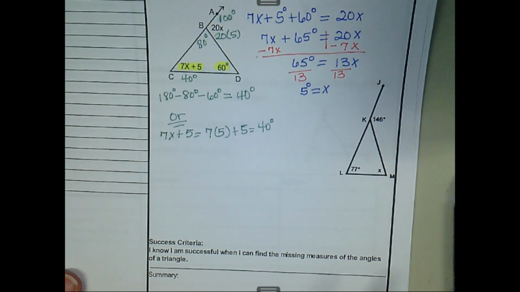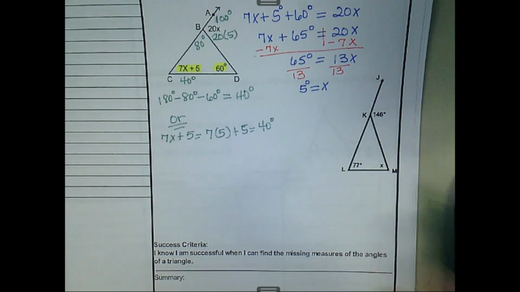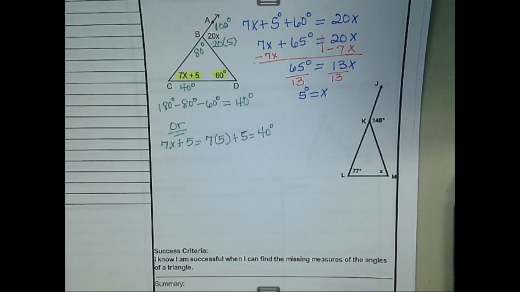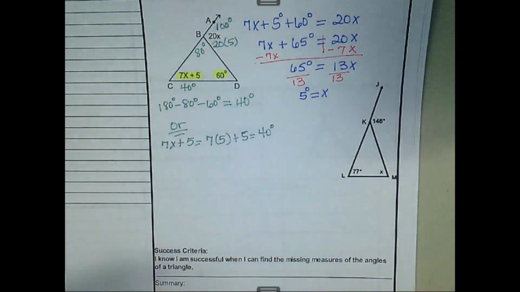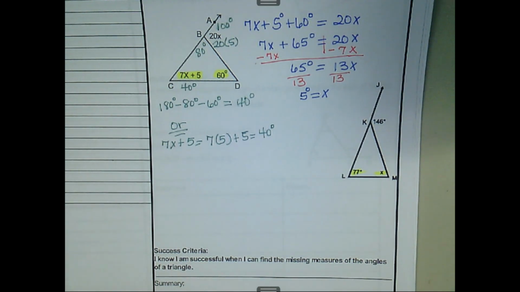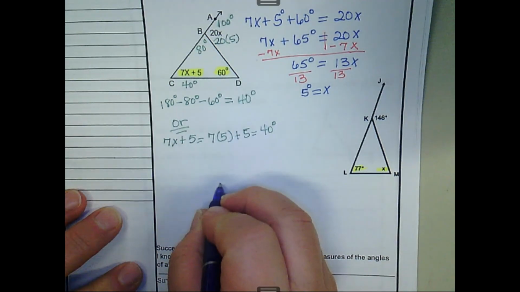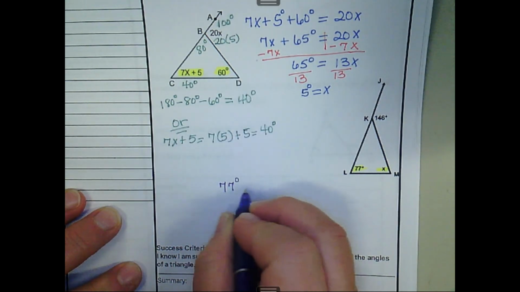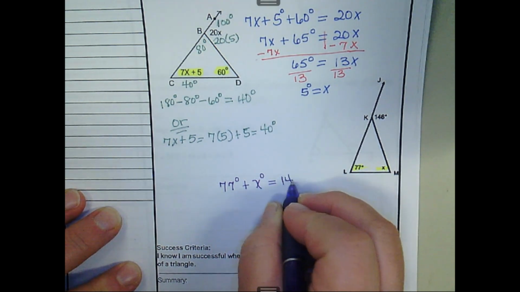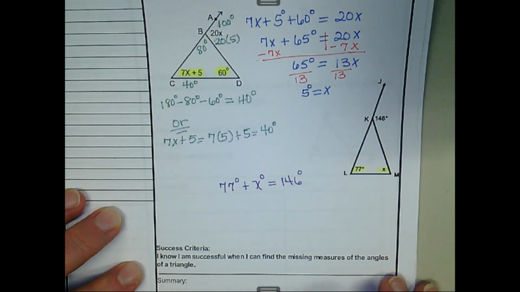Okay, can you pause the video and do the last problem on your own? Well, I hope you tried. This plus this, these are your two remote interior angles. 77 plus x. 77 degrees plus x degrees is equal to 146 degrees.